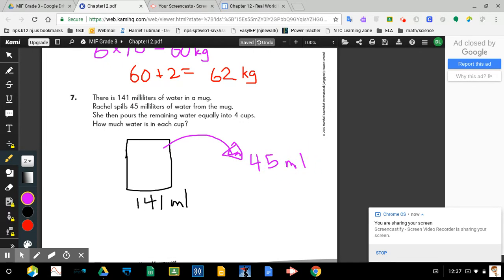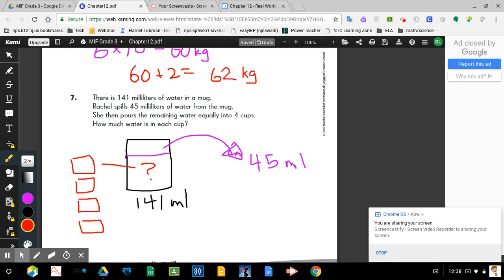She then pours the remaining water into 4 equal cups. So once I spill it, I had it full. I'm going to spill this, which means I have this part left, which I don't know how much that is. But I'm going to pour this remaining water into 4 equal cups. So 1 cup, 2 cups, 3 cups, 4 cups.